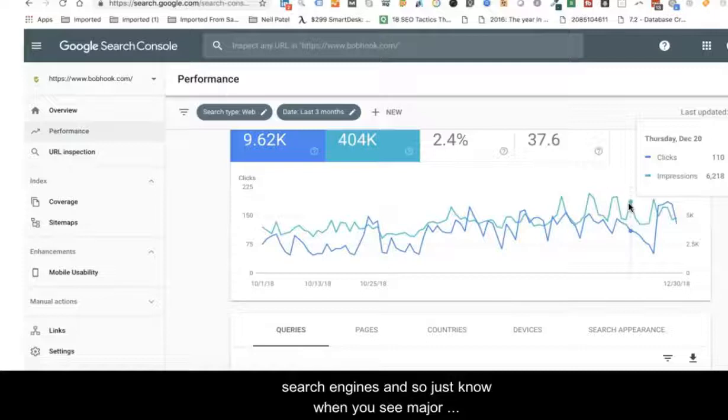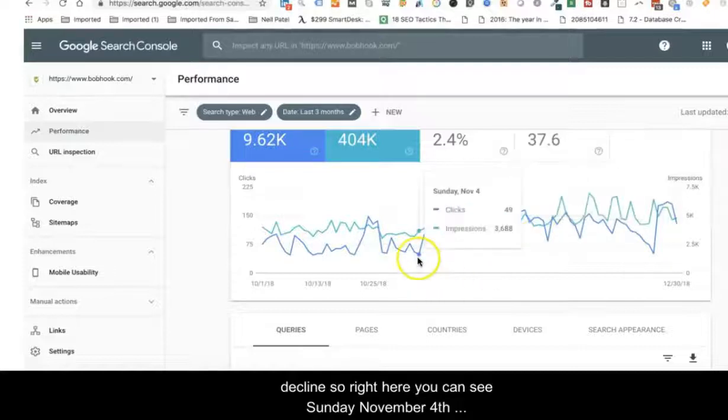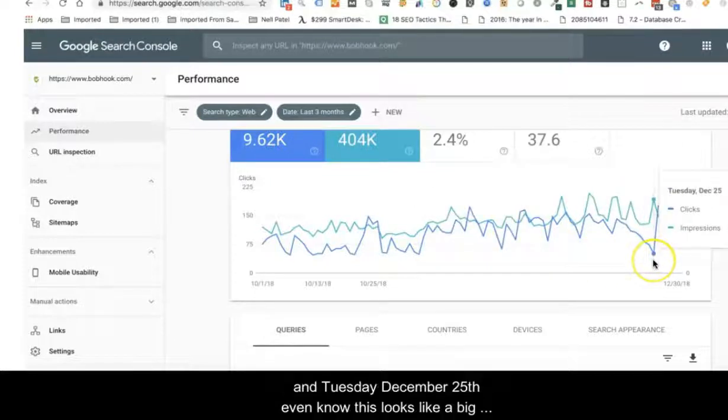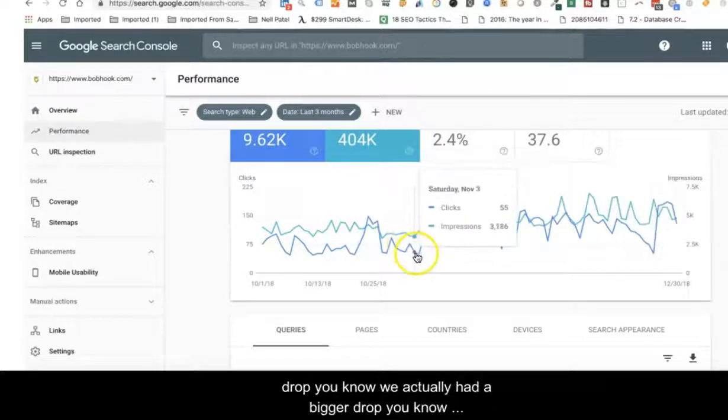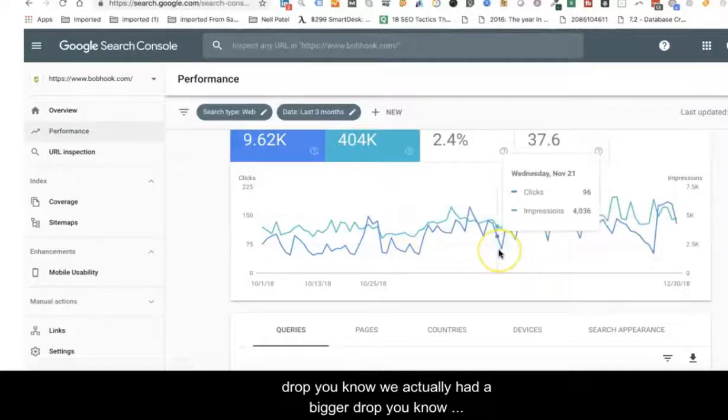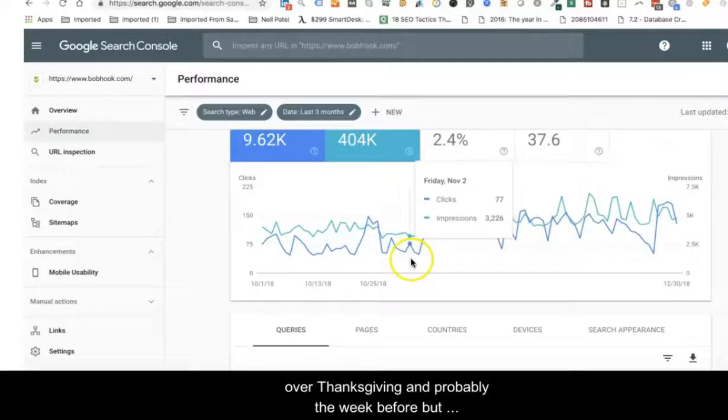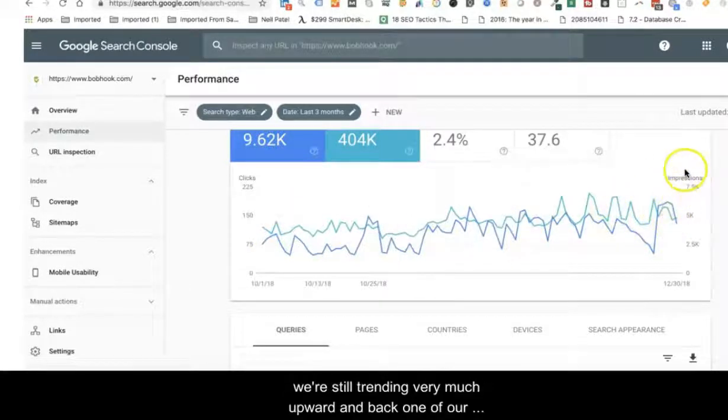And so just note when you see major declines. So right here, you can see Sunday, November 4th and Tuesday, December 25th. Even though this looks like a big drop, we actually had a bigger drop over Thanksgiving and probably the week before, but we're still trending very much upward.